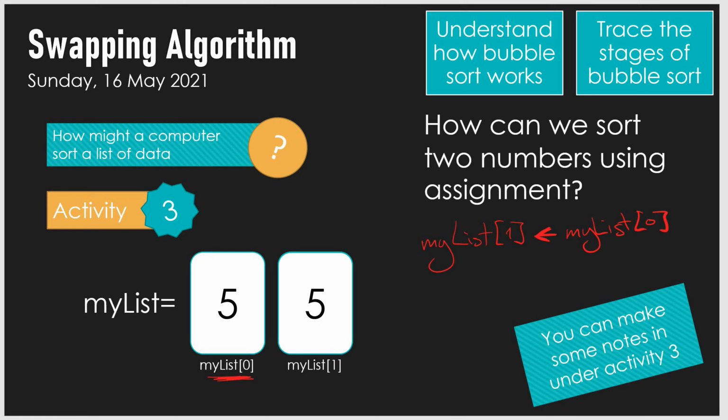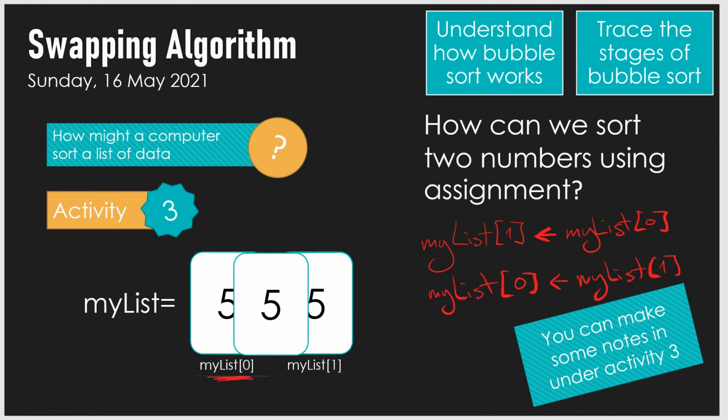But now the problem is, if I then say my list 0, so index 0, is going to be assigned to my list index 1, what's happening here is I'm just going to copy this like this. We're going to take the value at my list 1 and copy it over to index 0. Now if you haven't noticed, we've actually lost data.